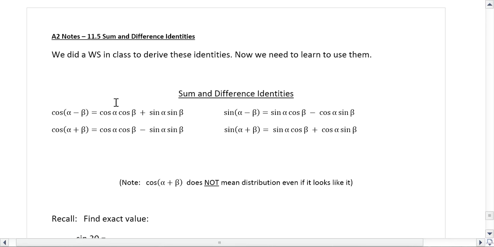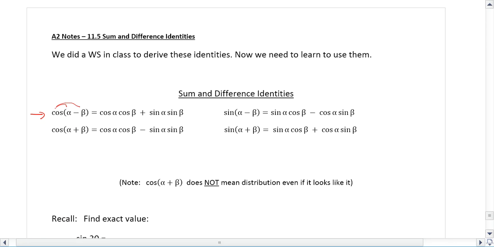These sum and difference identities are on your pink sheet. You have them. I just rewrote them here. What I want to point out is this may sort of look like distribution to you. It may look like this is cosine alpha minus cosine beta, but that is not it at all.